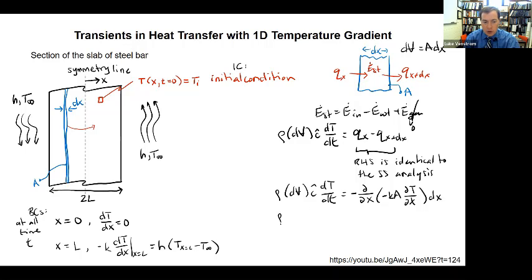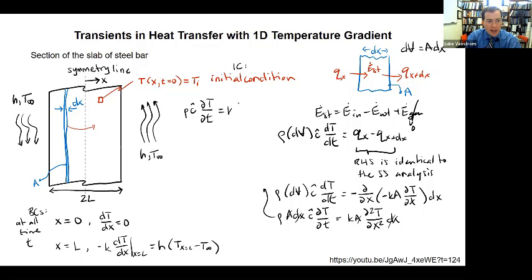So if I make that substitution for my volume, and I pull out the k and the A because they're constants and they can come out of the derivative, you see that I have an A in both sides of the equation and I have a dx in both sides of the equation. And so in the end, our governing equation is rho c dT/dt is equal to k d squared T/dx squared.